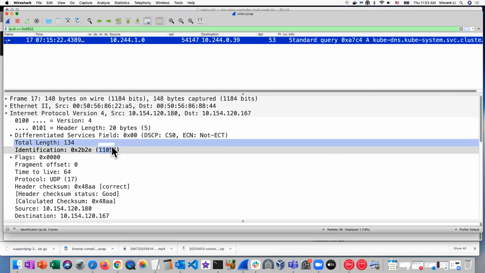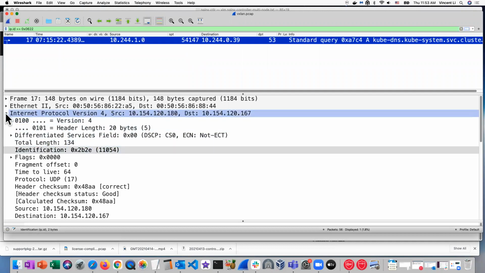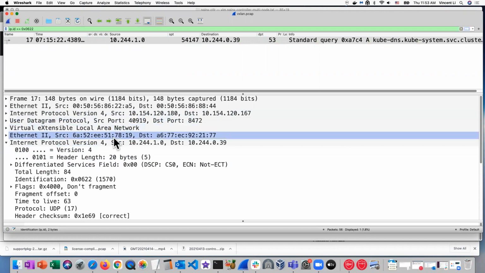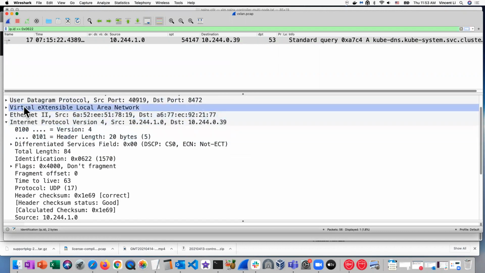Okay, so encapsulated on the physical interface. As you can see here, we have a Virtual Extensible LAN, VXLAN, header here for the outer packet header.